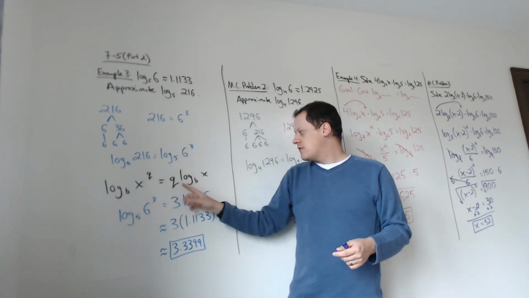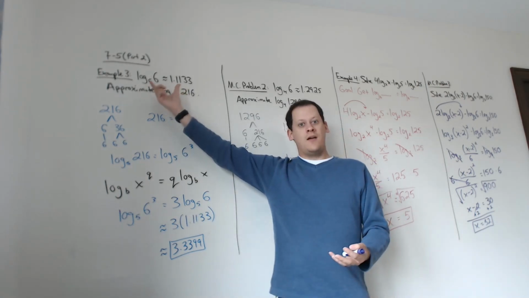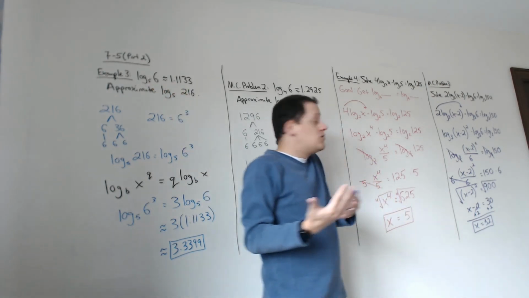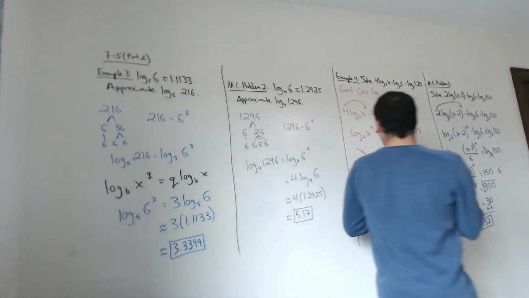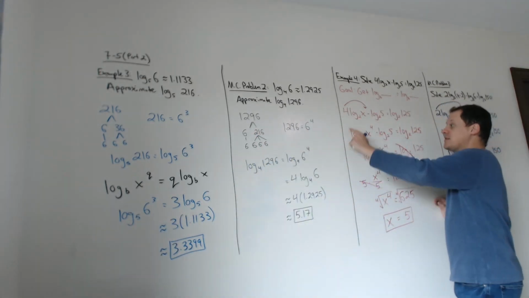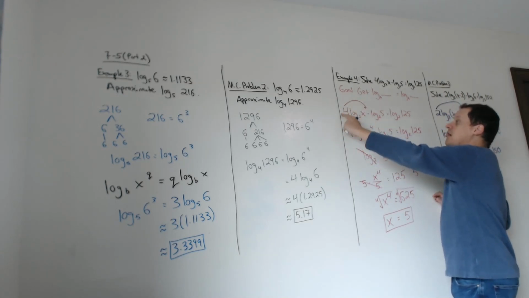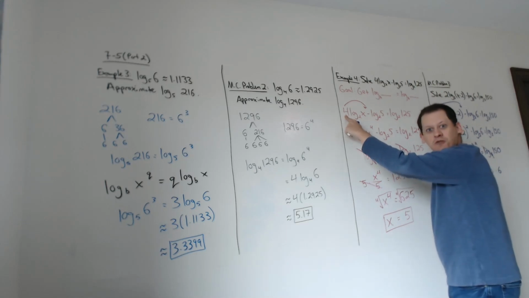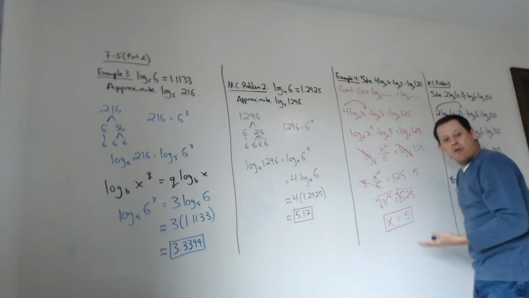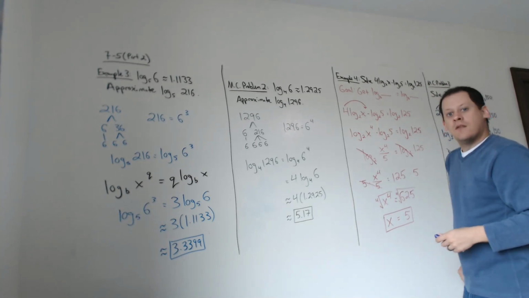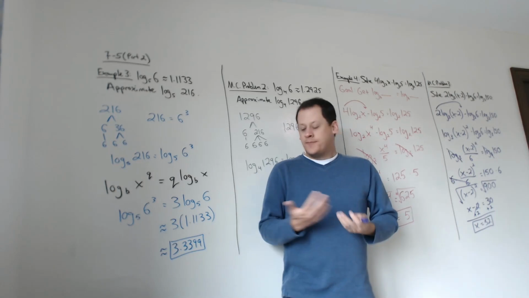This exponent goes in the front, now you've got this, and you can use the information that you were given. Sometimes you'll need to go the other direction. Sometimes you'll have something that looks like this, but you need this number to move somewhere else. You can move that right back into the exponent, and that will allow you to continue. It's all a matter of what you have versus what you need.